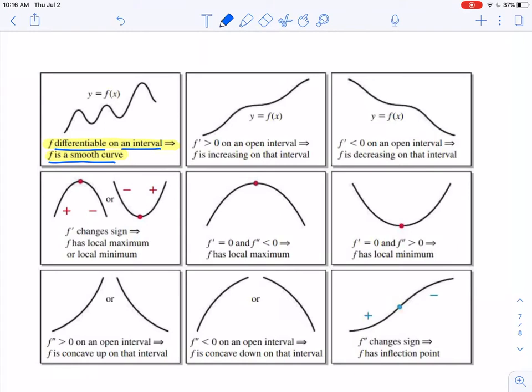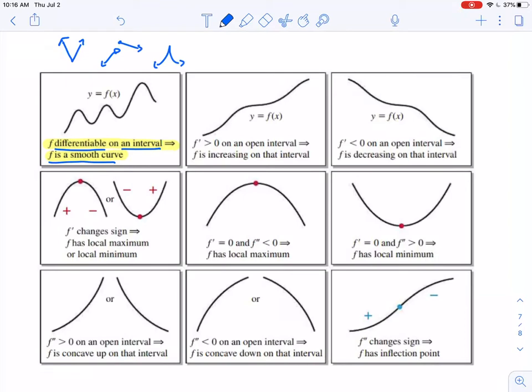If we think about places where the derivative does not exist, we gave some graphical examples. We said sharp corners, or discontinuities, or cusps, anything like that. We know we won't be seeing those if we're working with a differentiable function.